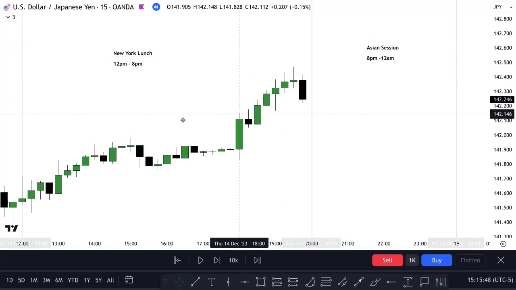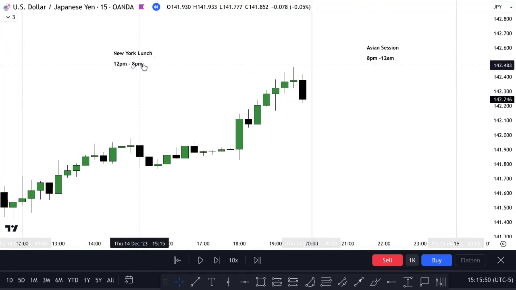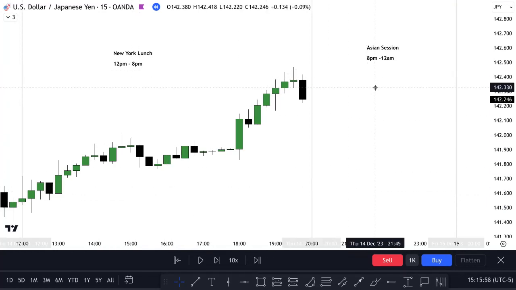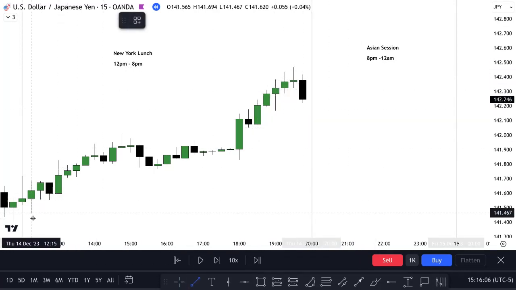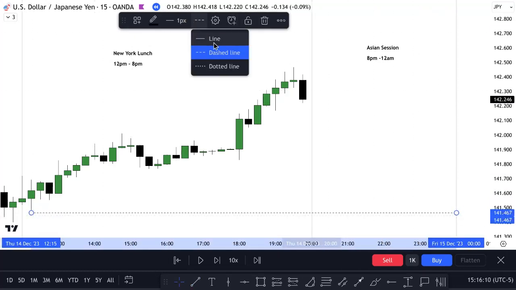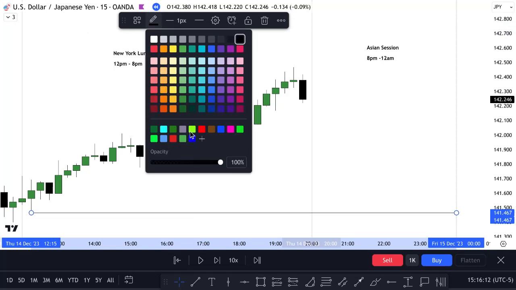Here we're looking at New York lunch session. That's 12 p.m. to 8 p.m. This is the dead zone. No trading is permitted. However, in order to trade the Asian session, we are using this session's liquidity pools to help us figure out a trading idea here. What I normally do is find the swing highs and swing lows that are unbroken, because that's where the sell side and buy side liquidity is going to be residing.